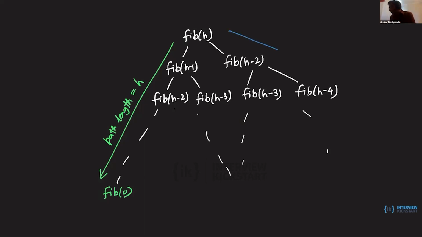This path is going to be the shortest path, the shortest path to any leaf, because here the argument of the fib function reduces by 2 in each step. So the length here is going to be h by 2.